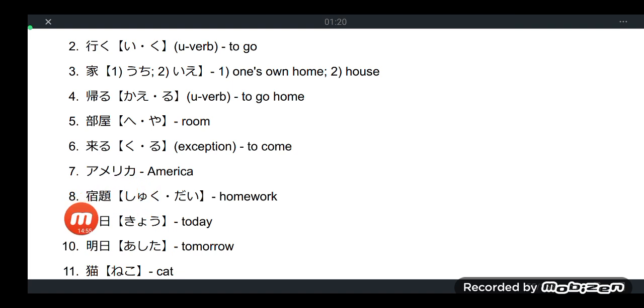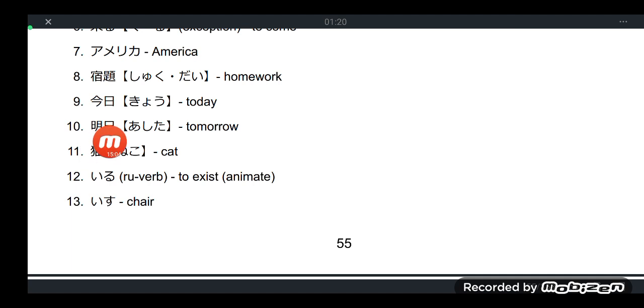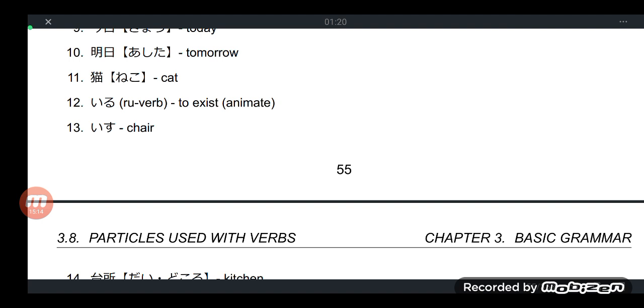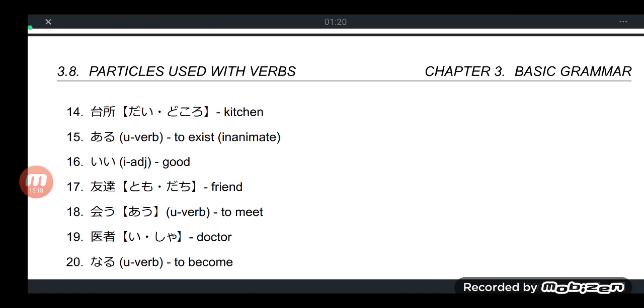Okay, shukudai, homework. Okay, so kyo, today; ashita, tomorrow; neko, cat; iru, meaning to exist, for animate objects to exist; isu, chair. Now, daidokoro, kitchen.